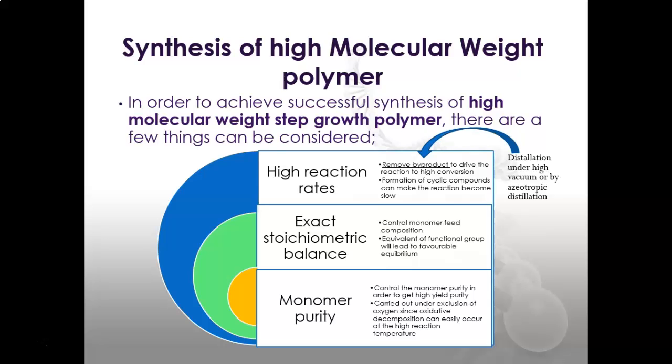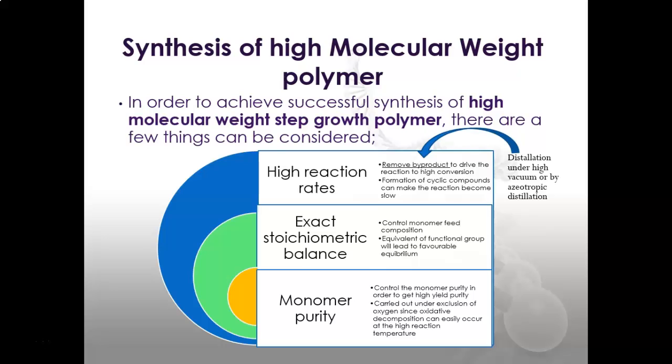And all that is required is that the appropriate functional groups meet in space so that the molecular weight will slowly climb as the small molecule water is eliminated. So in order for us to achieve a high reaction rate, we must remove byproducts such as water, alcohol, HCl, and so on to drive the reaction to high conversion.